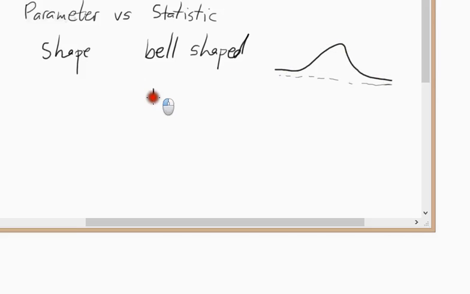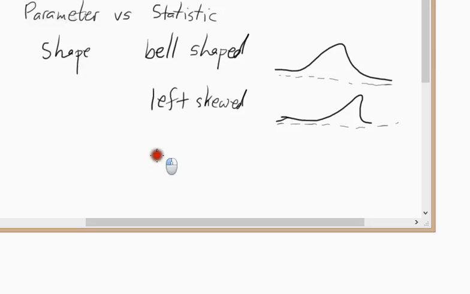You could have left skewed. Left skewed means the left-hand tail is bigger than the right-hand tail, so it looks something like this. Or the same thing, you could have right skewed.